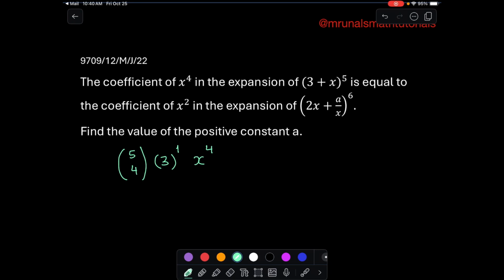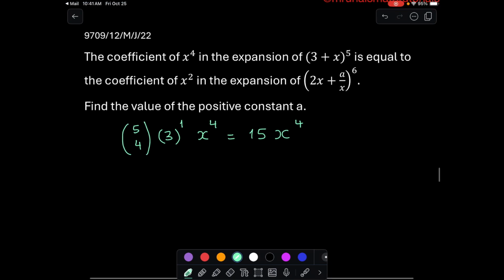We need to find the coefficient of x square here, but in this one you're having a fraction, therefore you'll have to set up an equation to calculate the value of r. Let us complete this one. What is 5C4? 5C4 is 5, so this is 15x to the 4th.